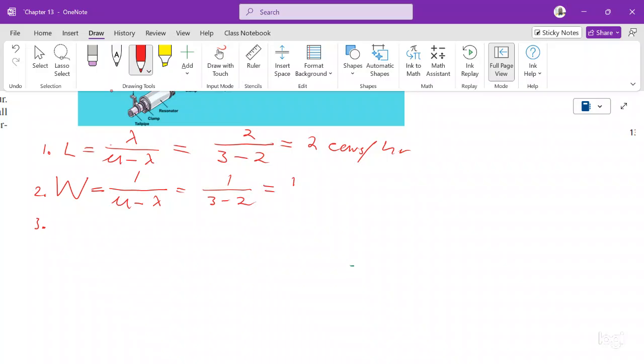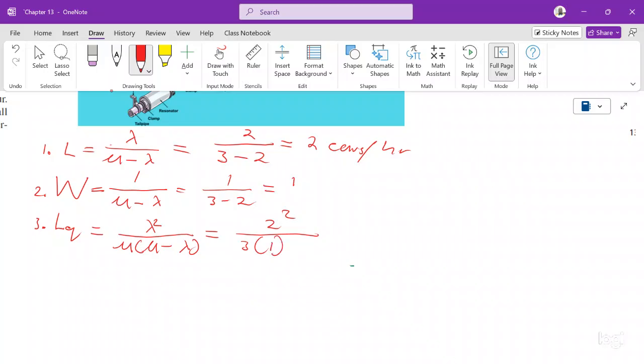Then LQ, on the queue. Now you're measuring on the queue, which is the square of the arrival rate over the service rate times the service rate minus the arrival rate. So this is 2 squared over 3 times 3 minus 2, which is 1.